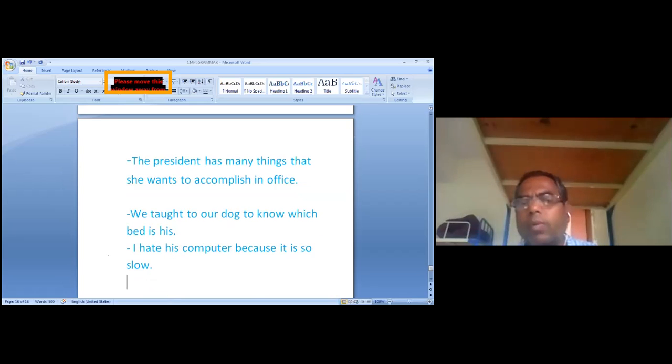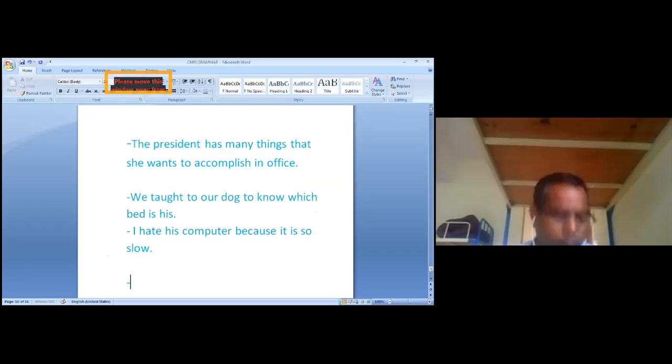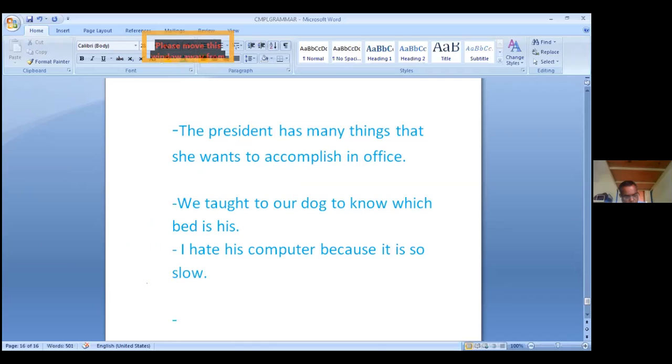One more example of this type. The cow lowed softly as it ate.